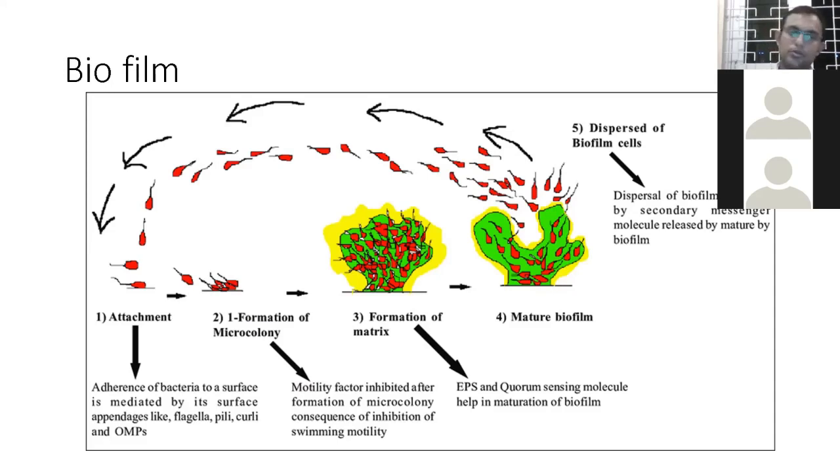So what do you do to it? Actually, mechanical removal is the best, because there are only three methods to remove a biofilm in this world: chemical, which we can't do; mechanical, that we can do; and heat.